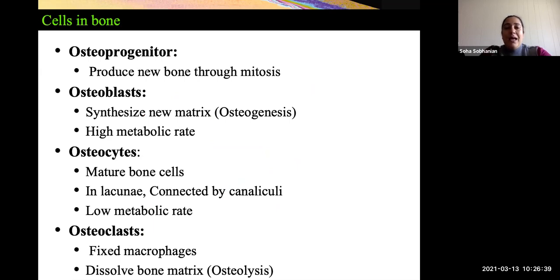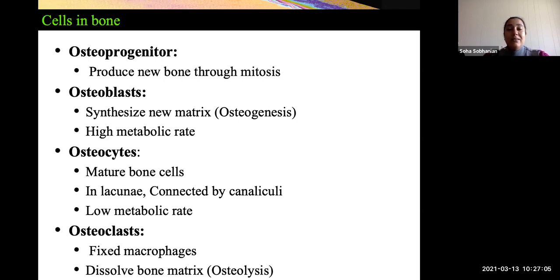Now, when we look at bone, one of the first things we look at is microscopic anatomy. In microscopic anatomy, we're looking at things that are really small. We are looking at the cells found inside your bone. Not all of the cells found in your bone are listed here.